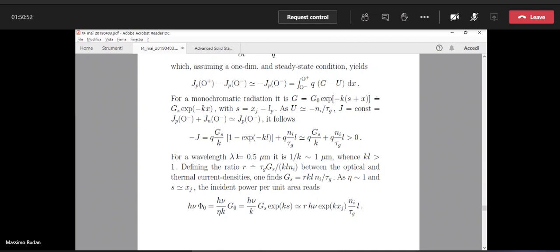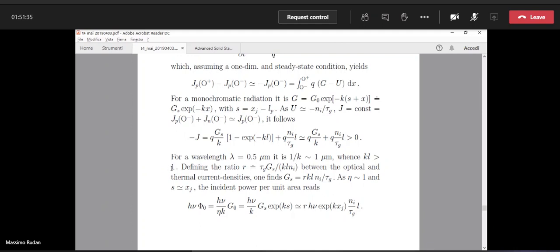When we have this wavelength, the corresponding penetration length, that is the inverse of the absorption coefficient, turns out to be 1 micron. So 1 over K is 1 micron. So K is 1 micron to the minus 1. It is very easy to have a width L that is several microns. So we have that the product KL is significantly larger than 1.